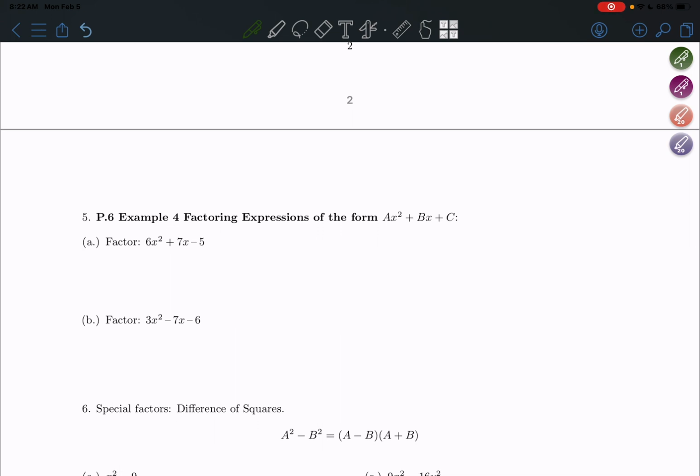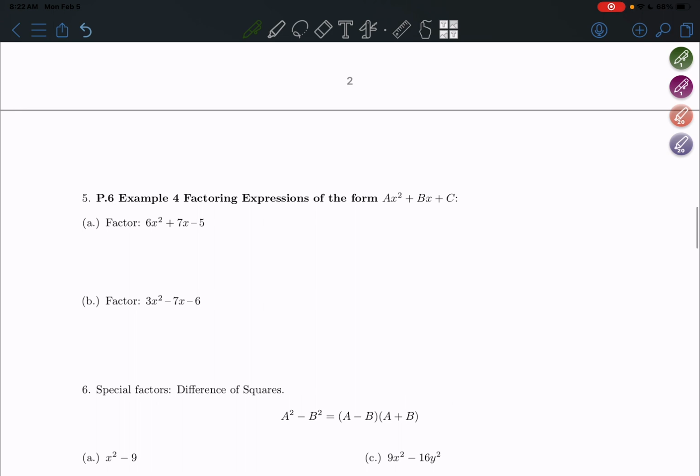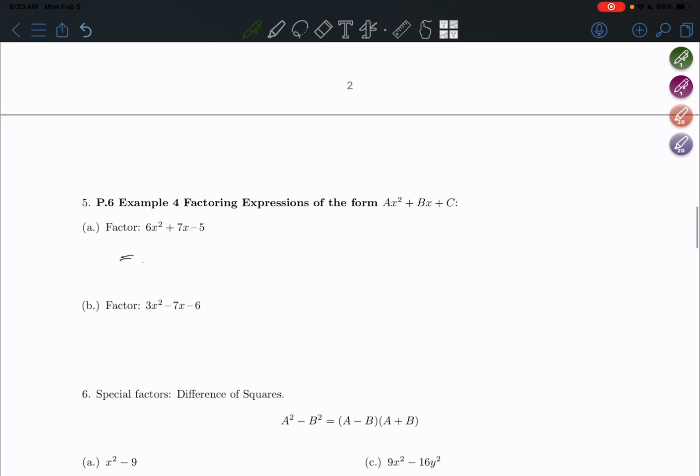Now, let's see what that gave us. Once we're familiar with this, we can do guess and check, or we can do the methodical way here. It doesn't matter. But for problem number 5a here, 6x squared plus 7x minus 5, I will always do the guess and check way because that's the most efficient.